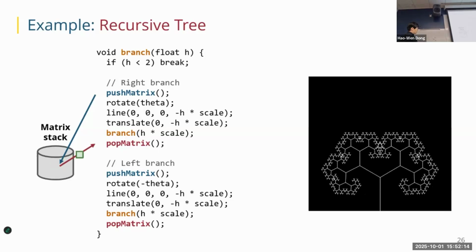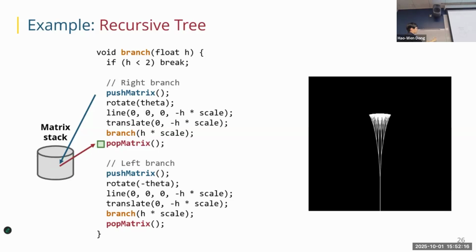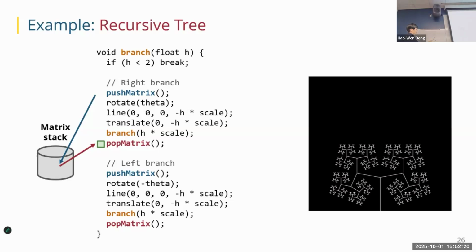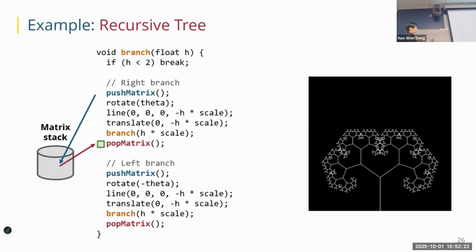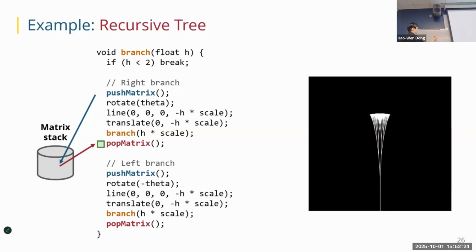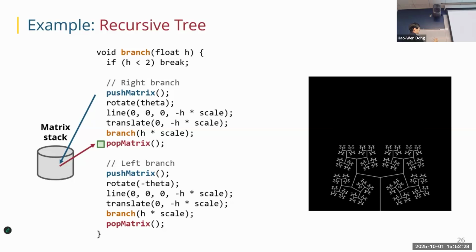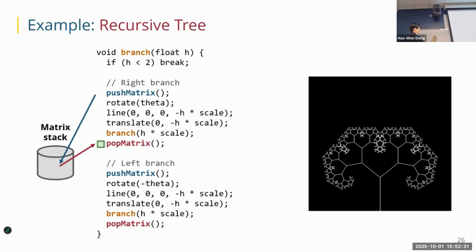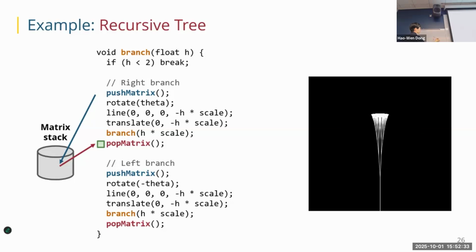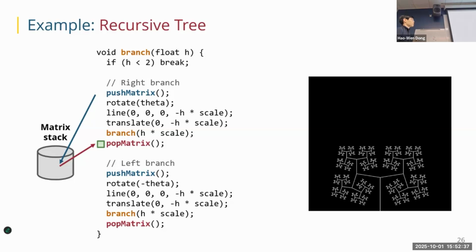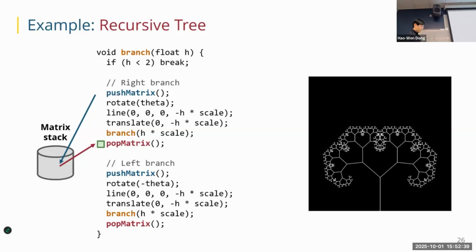So you now grab this back. So you remove the new, temporary axis. And then you turn to the other way to draw the other branch. So this way you can get the two branches by just working with the matrix system.